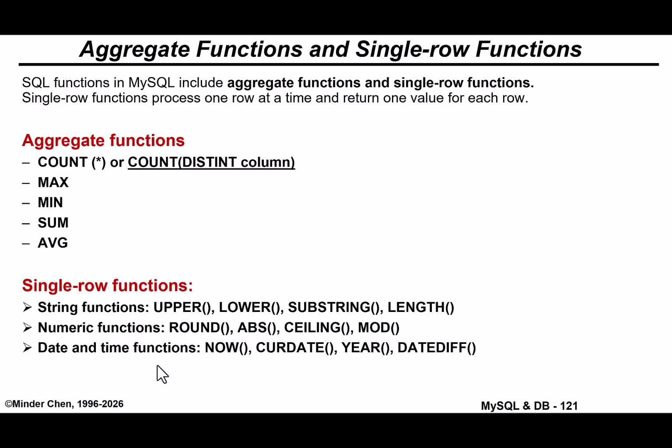And for date and time, we can use now, which is the current date and time, and current day, year, and date difference, which is actually to calculate the difference between two dates. So it can be quite useful. It depends on the data type of the column; the single row function we use certainly will be different.